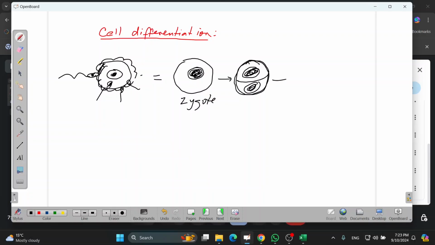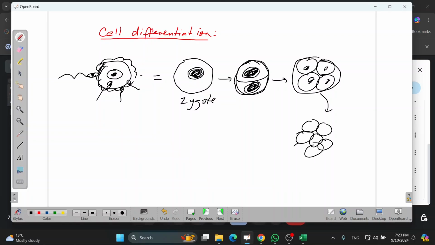Like that. And then each of these two cells will split into two. Then you will have 1, 2, 3, 4 cells, right? And this will split again. You will have 1, 2, 3, 4, 5, 6, 7, 8, or that bunch of cells.